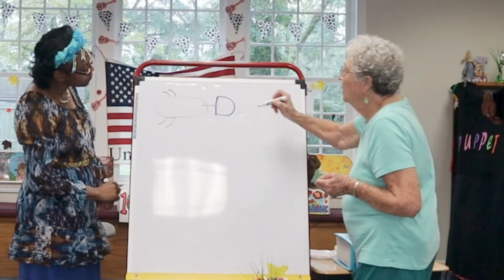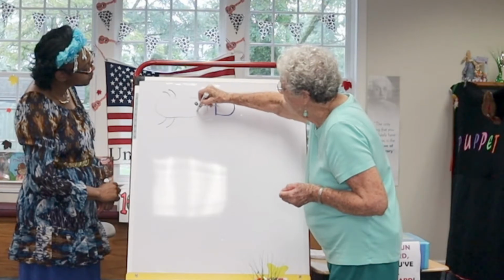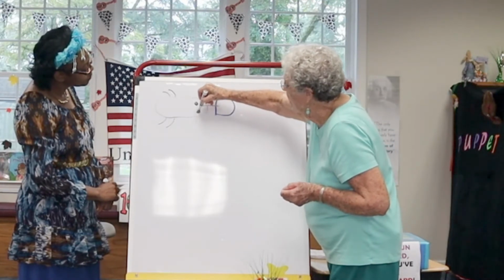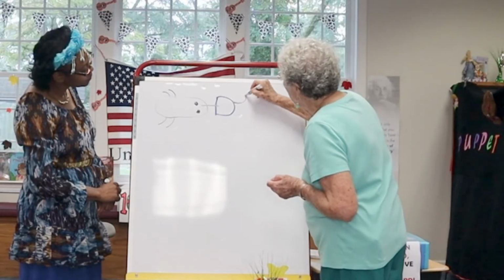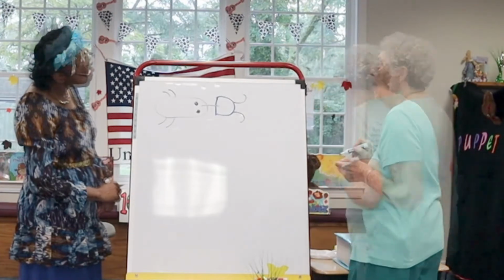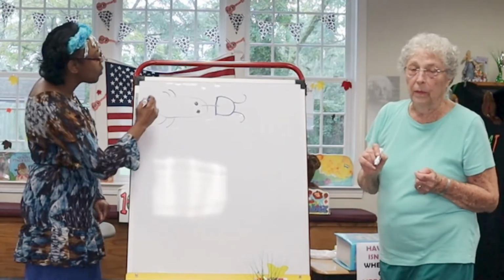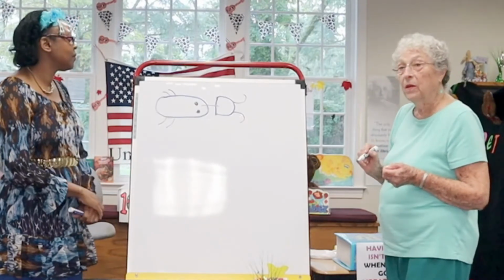To those curved lines, we're going to add some nice dark little circles here on the big oval. From here, we're going to add a curved line this way, a curved line this way, and this is our ladybug. Very simple.